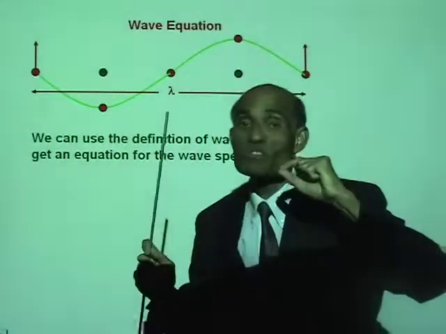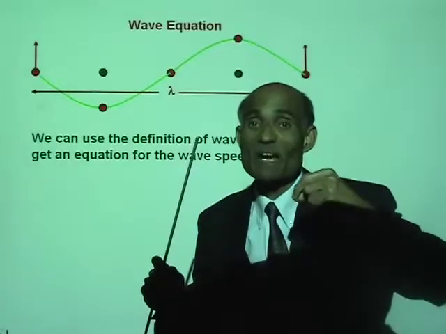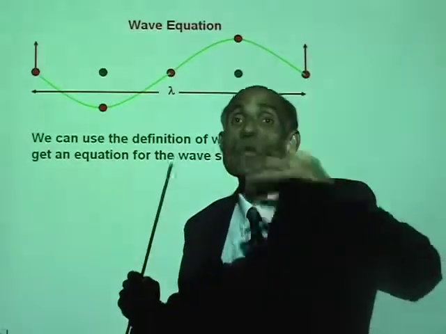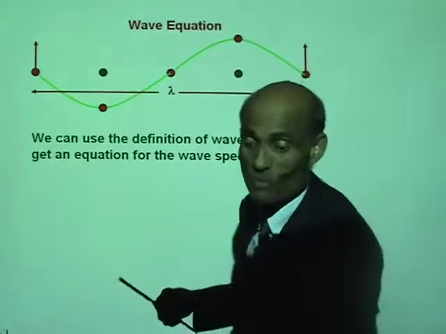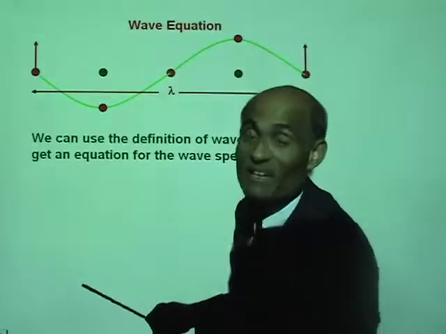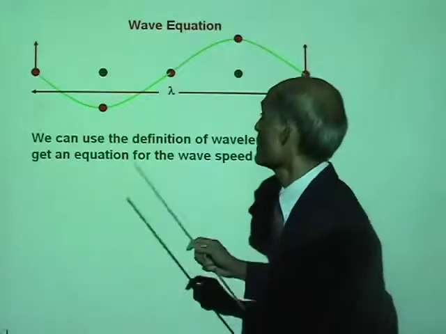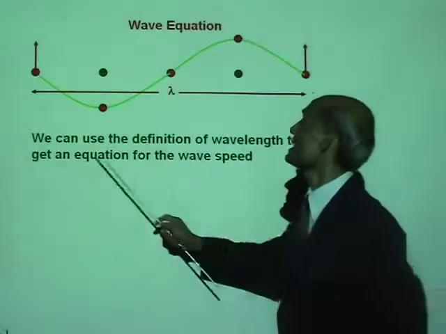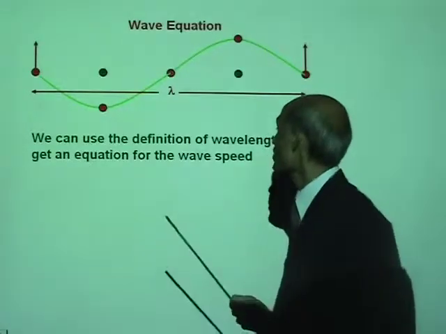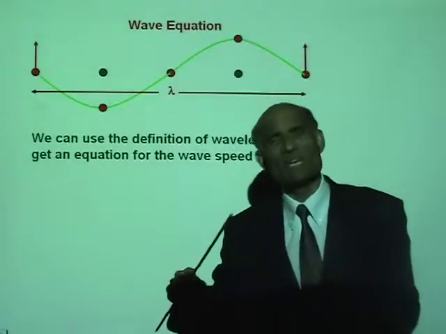And so frequency can also be defined as the number of waves produced per second. So we can use the definition of wavelength to get an equation of the wave speed.